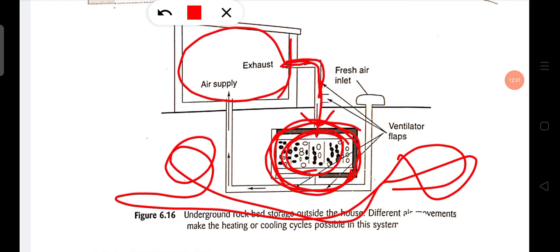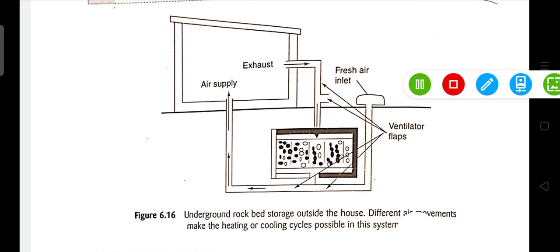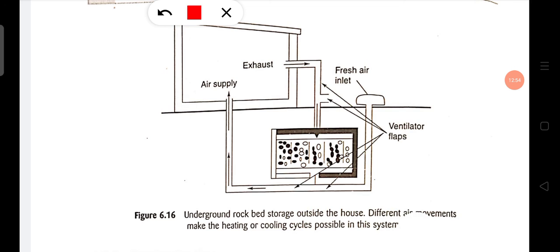From this heat, the rock bed collector collects heat, and the air coming from the living room goes through the hot rocks, is heated, and returns to our living room.